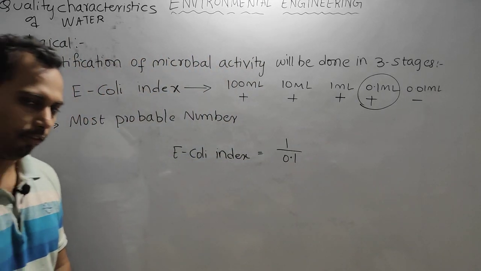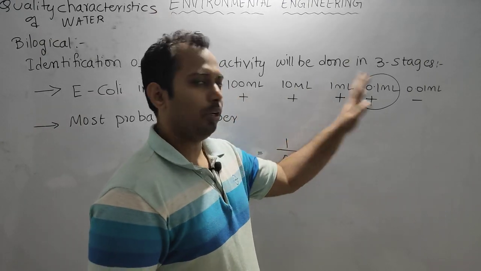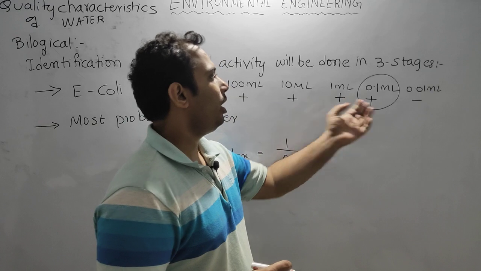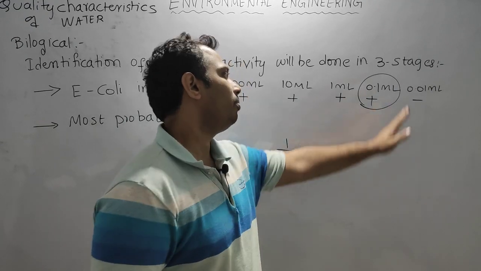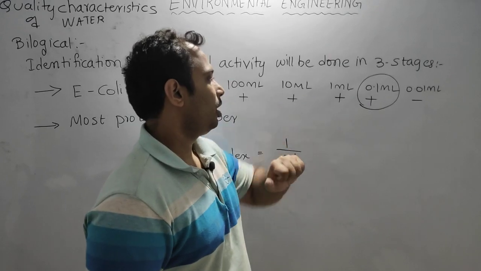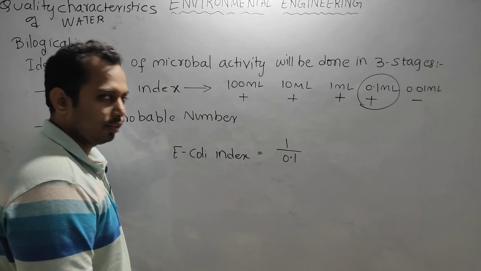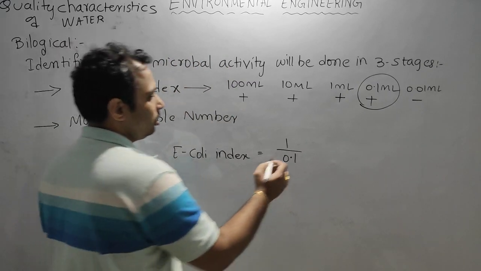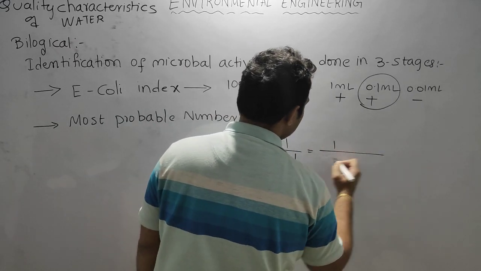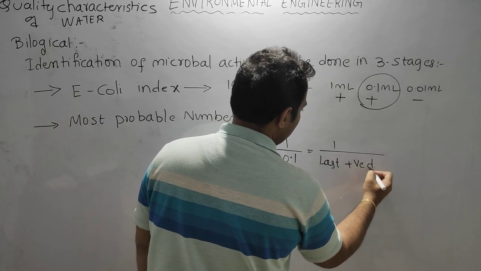You will take different dilutions, where you are getting negative, stop there and look at the last positive dilution, and the reciprocal of the last positive dilution is nothing but the E. coli index. The reciprocal of the last positive dilution.